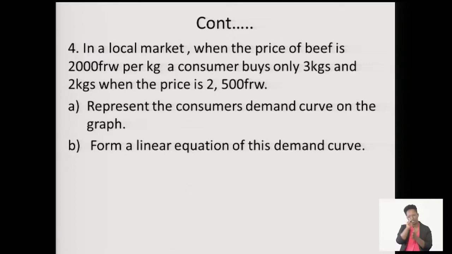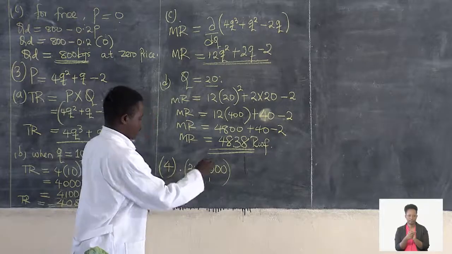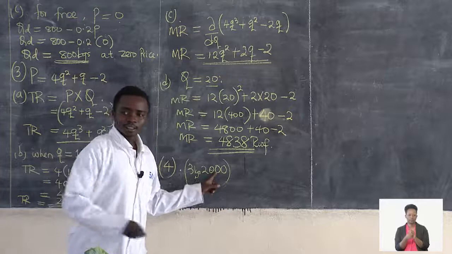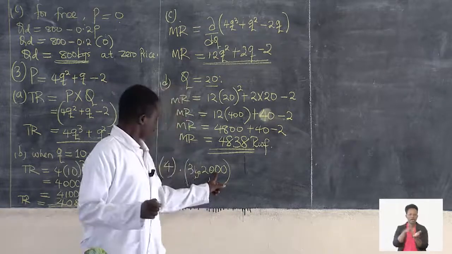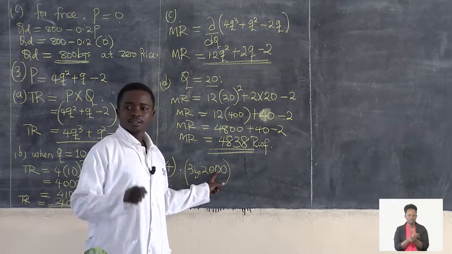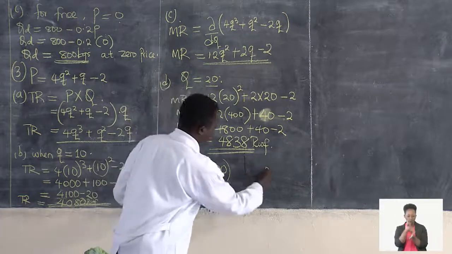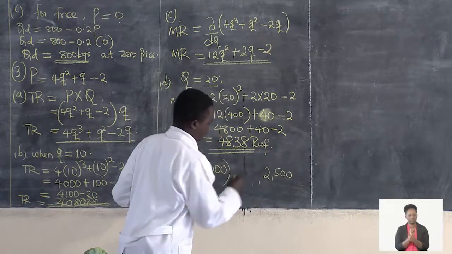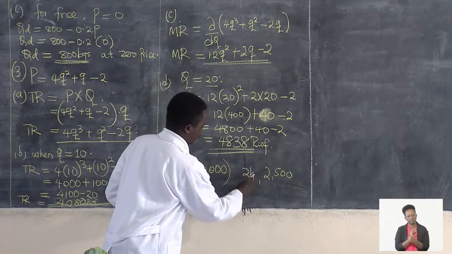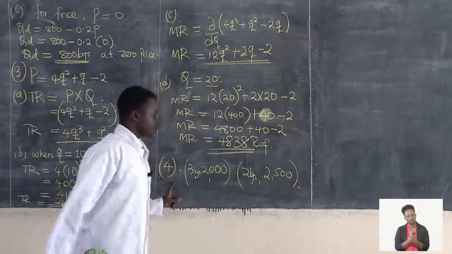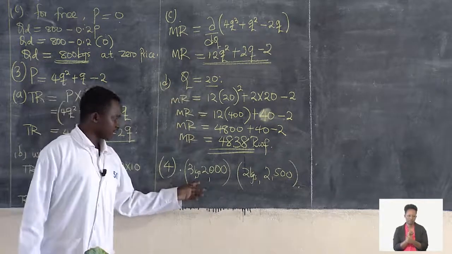Then when the price increases to 2,500, he buys 2 kilograms. So we have to simplify it in this way.